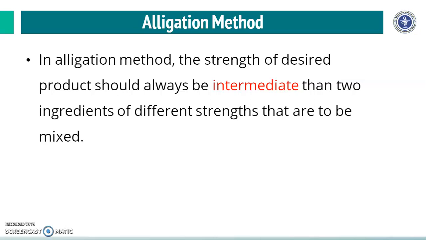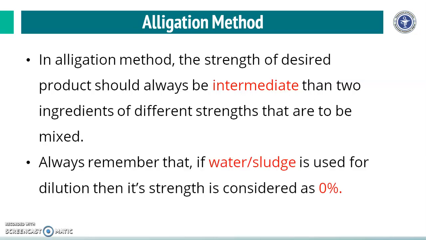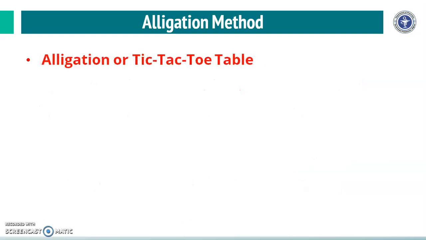Therefore, we have to see that the desired product will have intermediate strength. And always remember that if water or sludge is used for dilution, then its strength is to be considered as 0%. Okay. Now let's go and see how the alligation method is used.